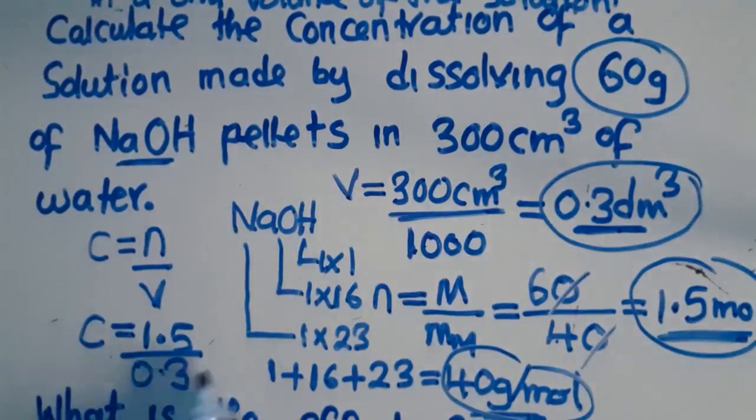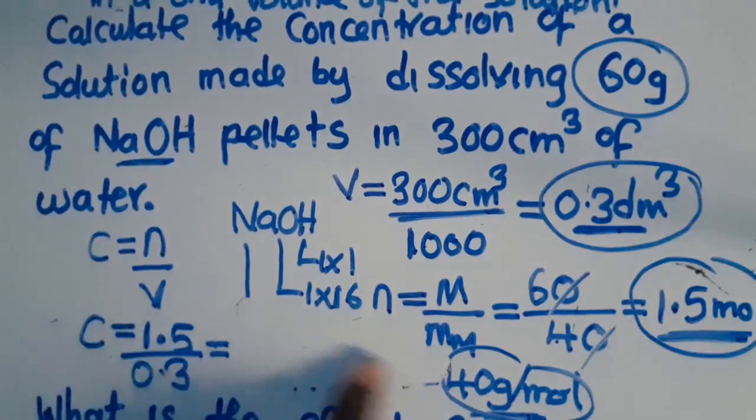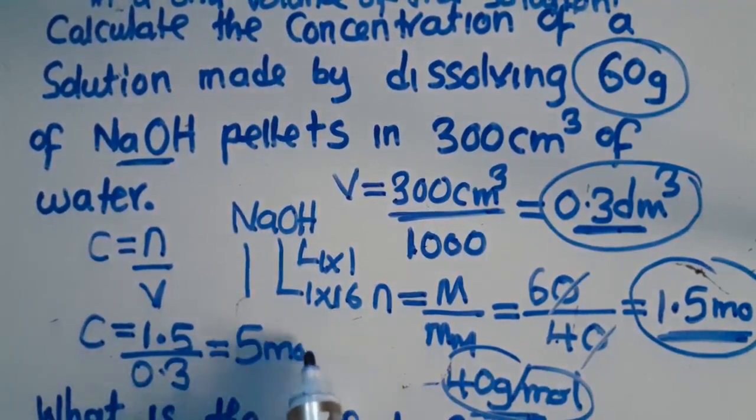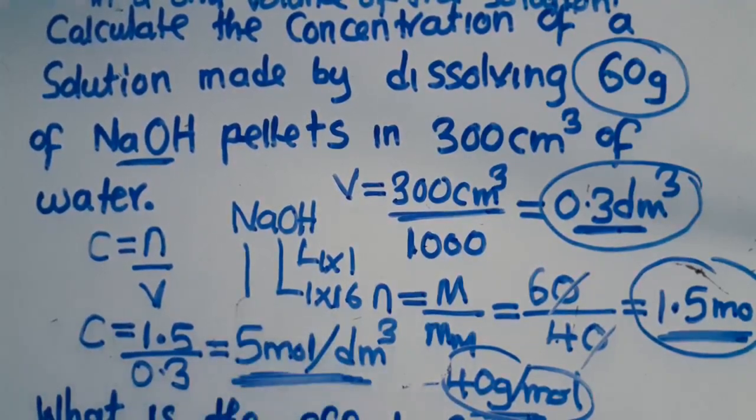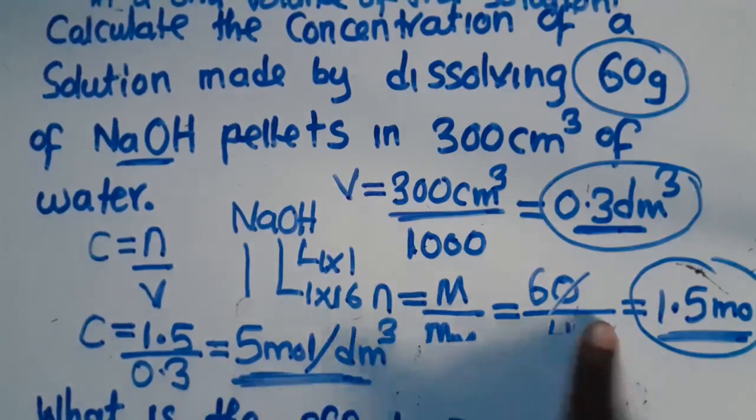So what is my final answer when I calculate there? I'm going to get 5. So 5 moles per decimeter cubed. This is my answer. The answer is 5 moles per decimeter cubed. Just like this, you can find the answer like that.